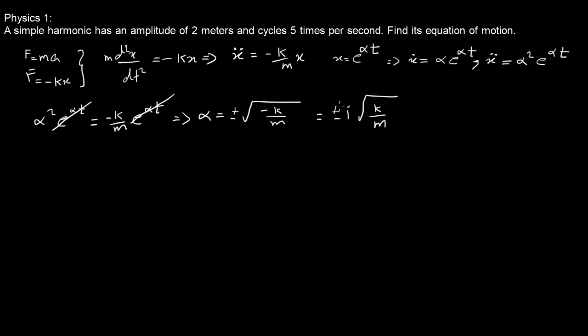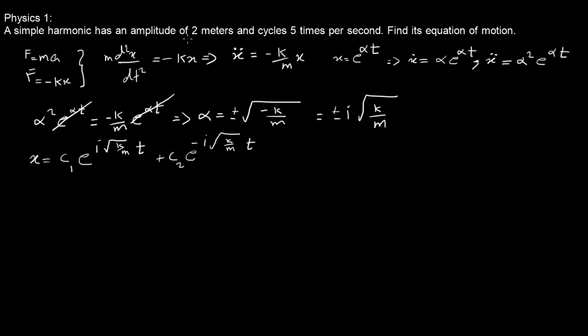Since I have two values for alpha, I should write x with the two values. So my answer will be c1, which is a constant, e to one of the alpha t, so it's positive i square root of k over m t, plus c2 e to the other alpha, minus i square root of k over m t. To determine the two constants, we need to use initial conditions.